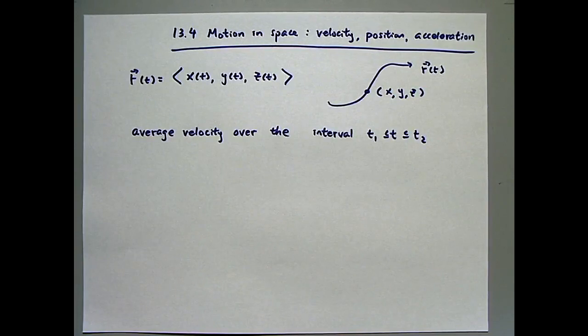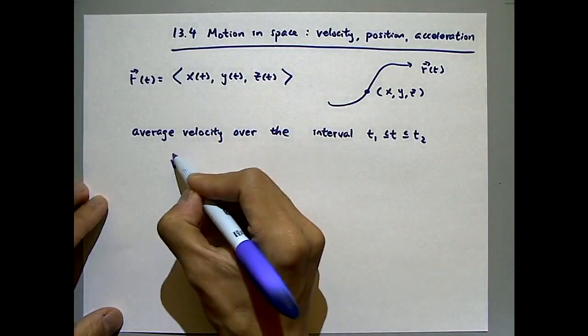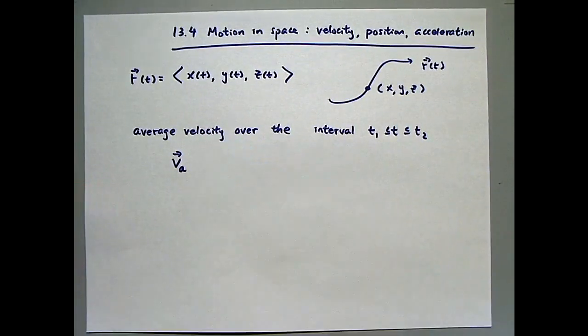If I tell you it took me an hour to travel 65 miles, what is my average speed? 65 miles per hour. And how did you find that? Exactly. You take the difference in the positions and then divide it by the difference in time, right? So we'll call this thing V with subscript AVE, average.